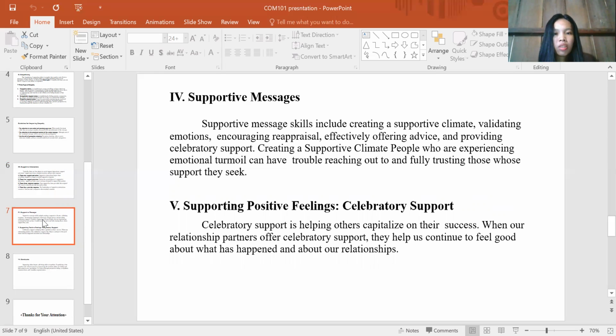Creating a supportive climate: people who are experiencing emotional turmoil can have trouble reaching out and fully trusting those who support them.